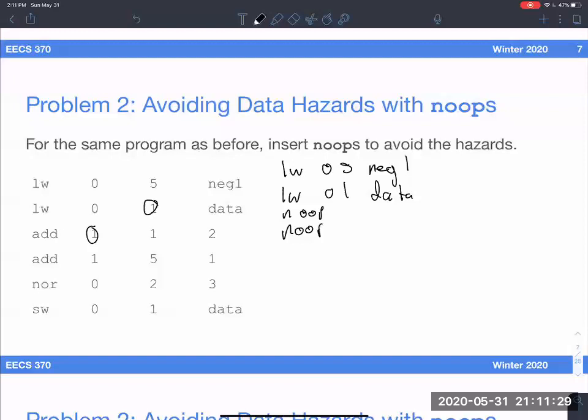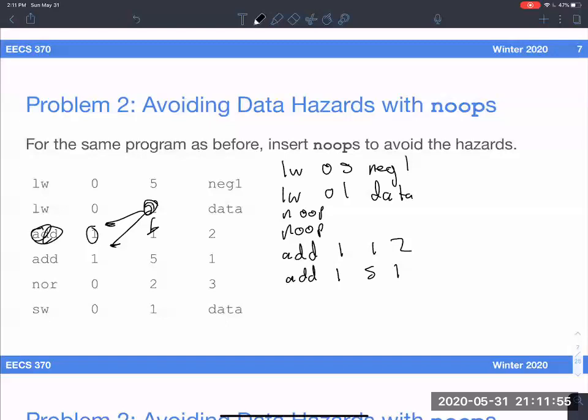And now we have add 1 5 1. Remember that there used to be a dependency here, and also on the second instruction. But since we cleared this instruction's dependency on lw 0 1 data, add 1 5 1 is also no longer dependent on that either.